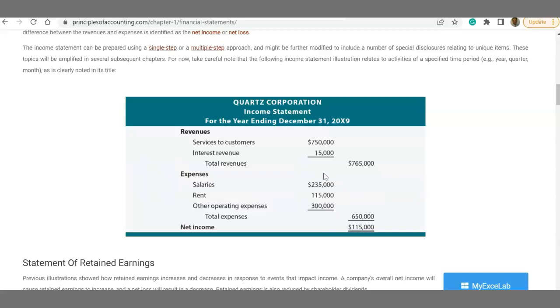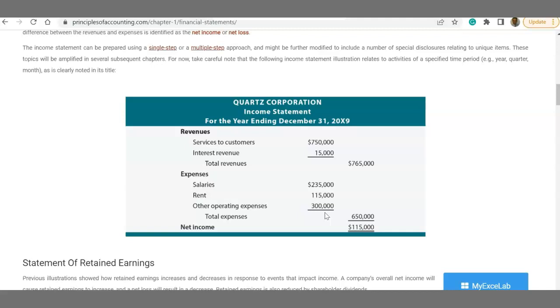In regards to expenses, you record an expense when you have the obligation to pay. That means you receive goods or services and you have an obligation to pay for those goods or services. So as soon as you have the obligation to pay, you record the expense.